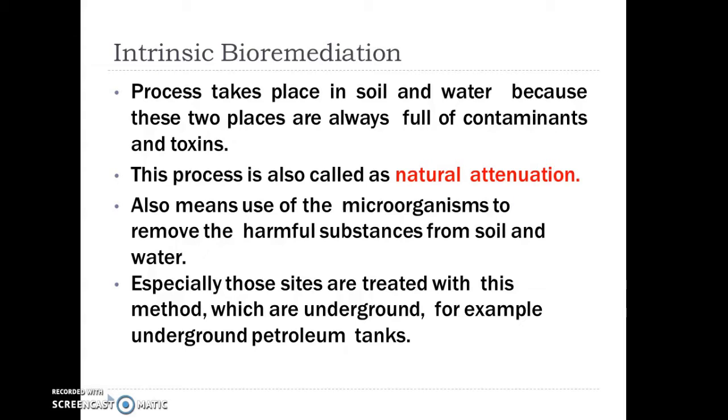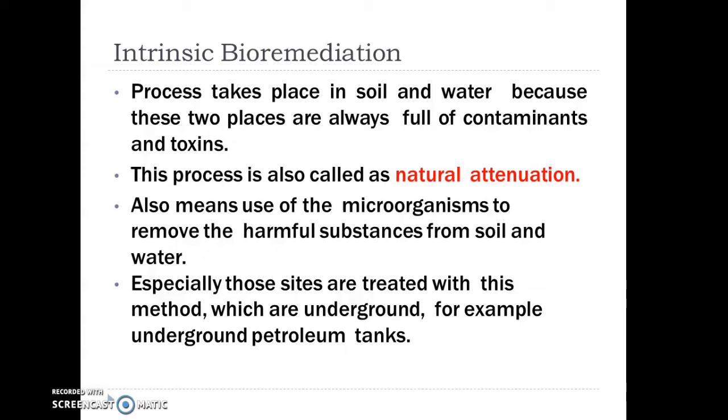Next, intrinsic bioremediation. It is a process which takes place in soil and water because these two places are always full of contaminants. This process is also called natural attenuation. It means use of microorganisms to remove harmful substances from soil and water, especially at sites which are underground.